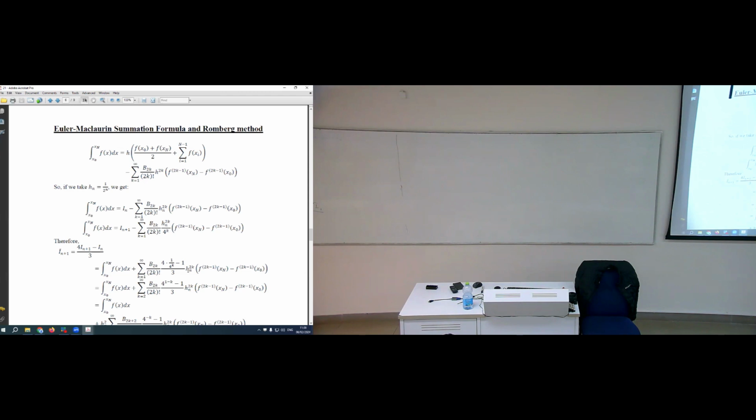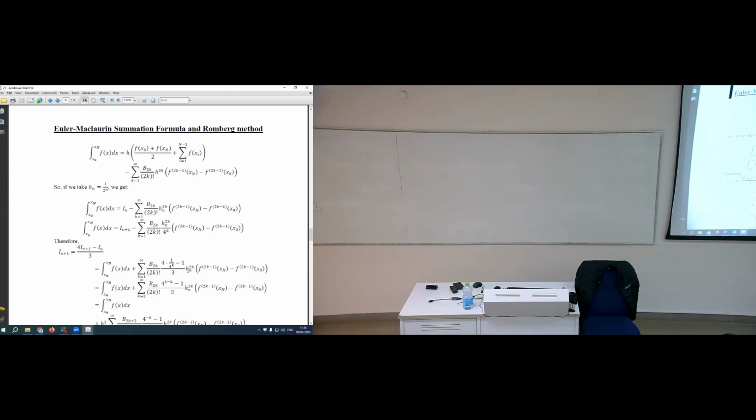So now let's look at the first term here. The first term here is this multiplied by b2 over 2 multiplied by hn squared. And this is the same thing multiplied by hn squared over 4.